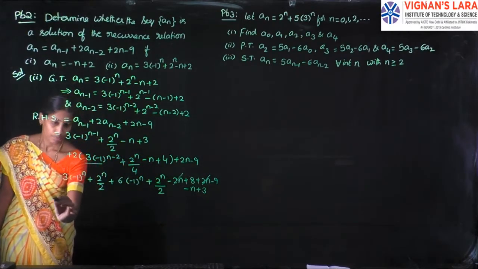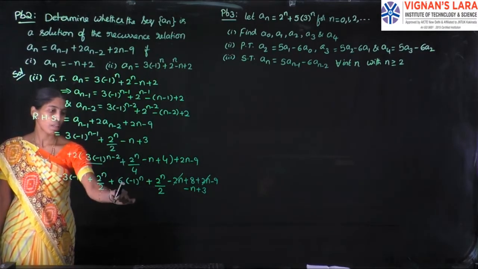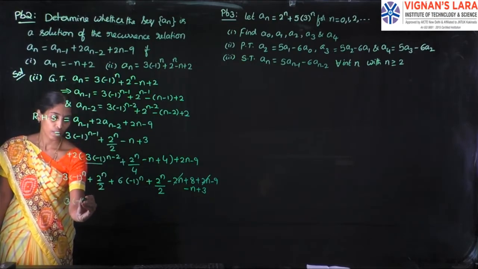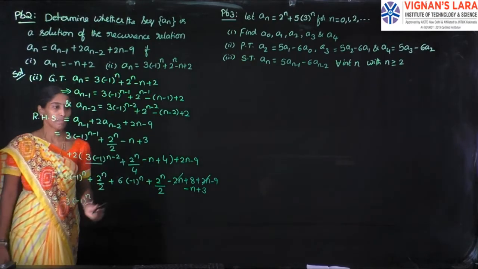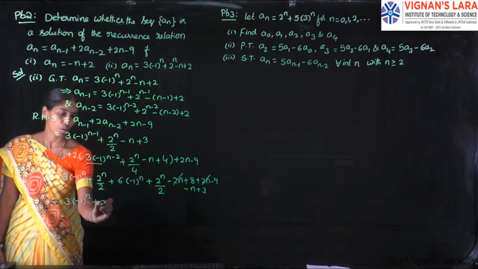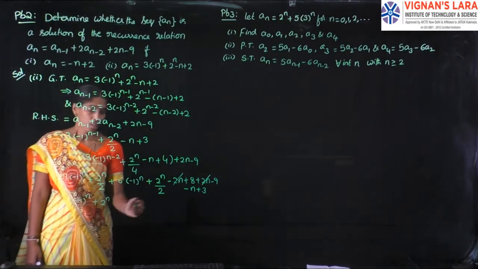Now it is minus 3 times (-1)^n plus 6 times (-1)^n. It is 3 into (-1)^n. 2^n/2 plus 2^n/2 is 2^n, half plus half is 1. Right.